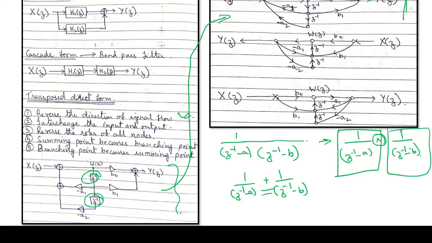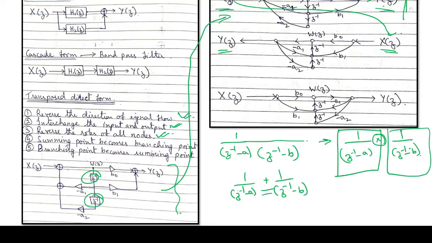So see, initially the signal was going over there, we have just inverted the arrows in all the directions. Okay, then interchange the input and the output. So what we have done, Y(z) we have taken over here and X(z) we have taken over here, right? Third point is reverse the roles of the nodes. Okay, it will automatically be done.